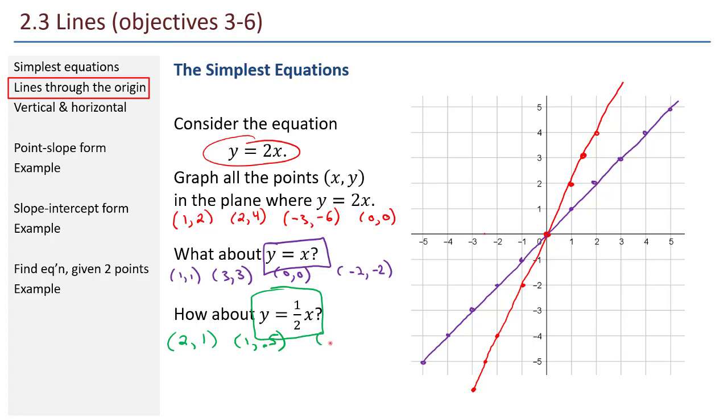Or how about (-4, -2), (-2, -1), (0, 0), (2, 1), (4, 2). And when I graph all the points where my y value is half the x value, I end up with that line.